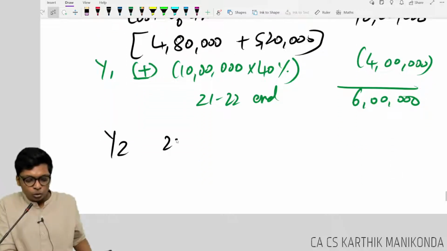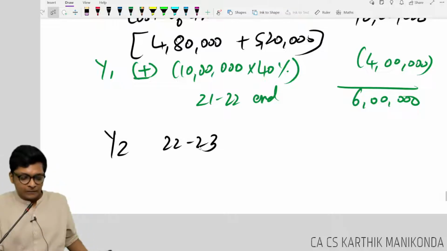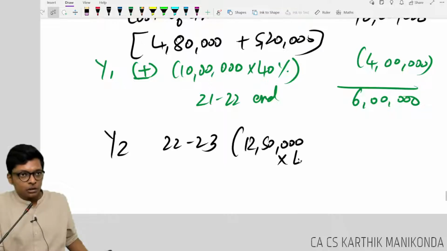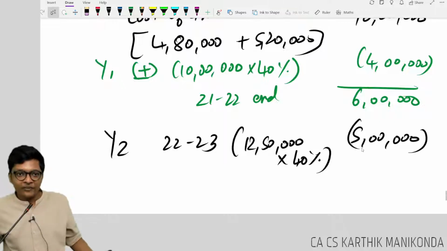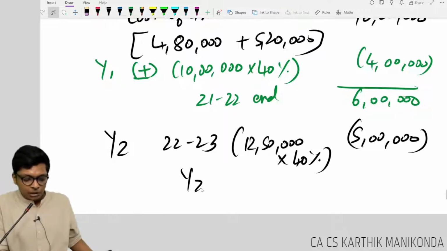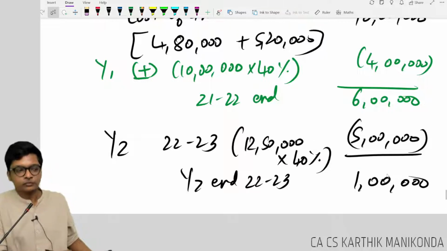Now year 2, 22-23. How much loss? So again this year 12 lakh 50 into 40%. How much, guys? 5 lakhs. Again I will reduce 5 lakhs. Year 2 end, 22-23 end, my value of investments in consolidation balance sheet will be 1 lakh.